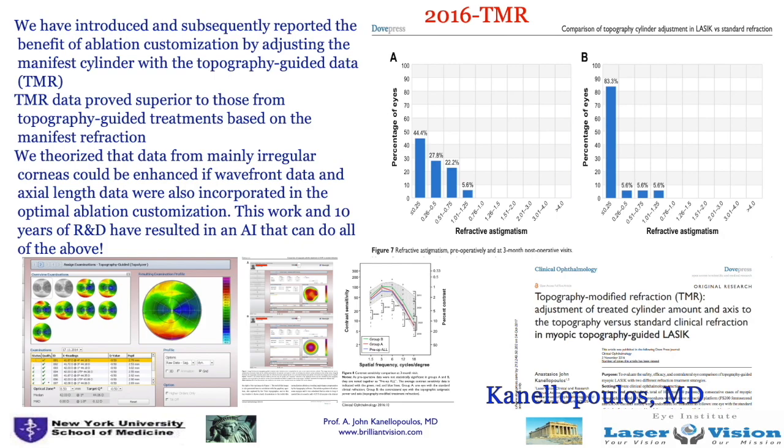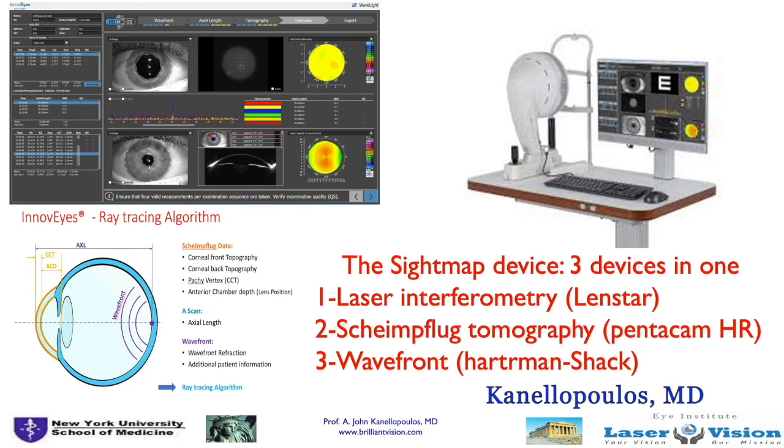So we theorized that collecting all these data and manually calculating the cylinder to be treated gave an advantage in these eyes clinically, and this work appears validated by this new device.